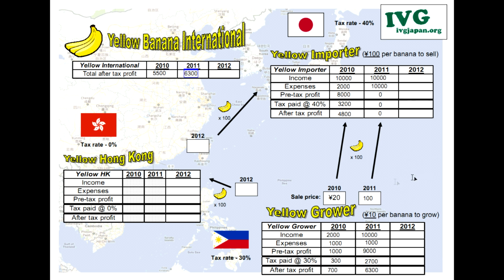So at this stage again you can give the challenge to your workshop participants of filling in these internal transfer prices themselves to try and maximize the profits for the company, or you can walk them through again.